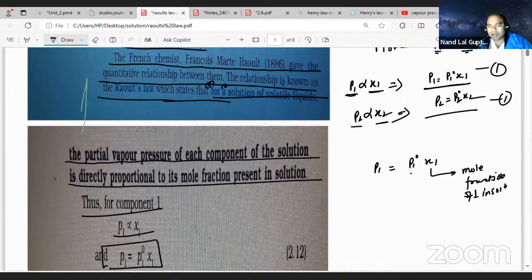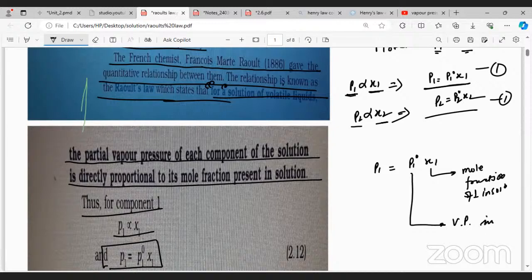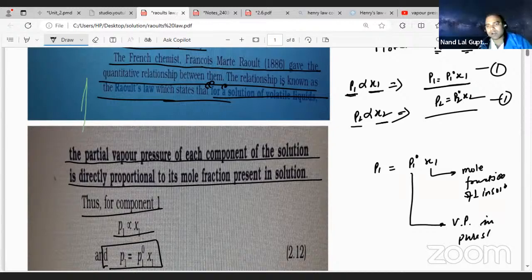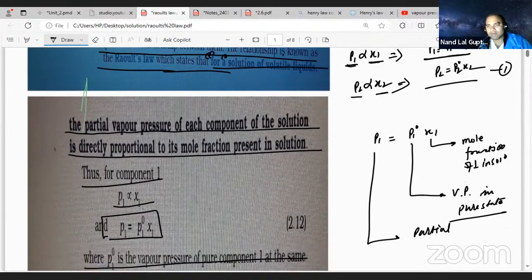What is P1 not? It is the vapor pressure in the pure state. Pure state means when it is alone. And P1 is the partial pressure of component 1 in solution. Are you getting this one?